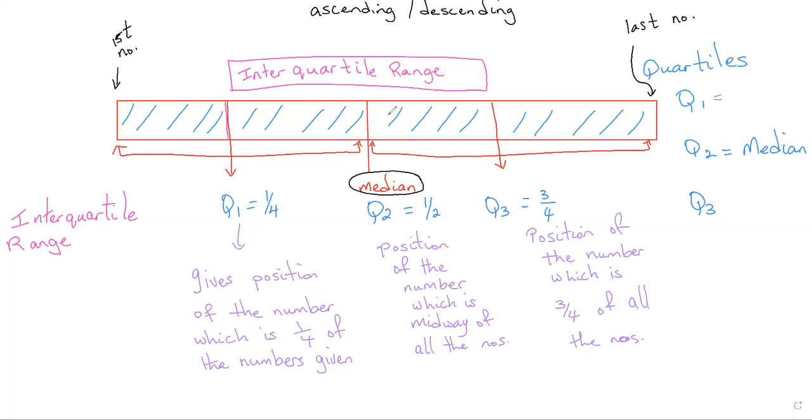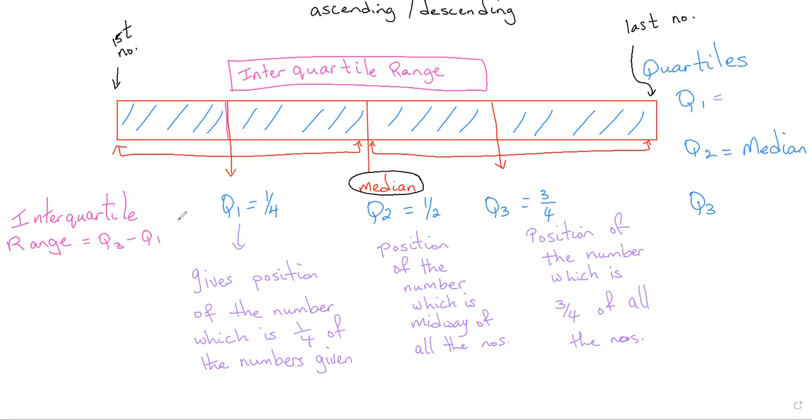So if I'm looking for my interquartile range, we have a formula. If I want to find out what's going on inside of here, I want to reduce all my data to what's inside of here alone. I can use the formula Q3 minus Q1 in order to get information of what's within it.